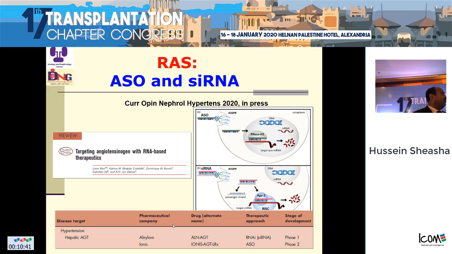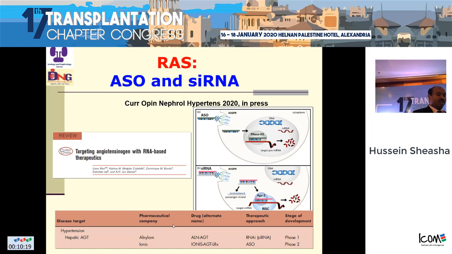Nowadays, there is phase 1 and phase 2 using RNA interference, either by double-stranded RNA technology or antisense oligonucleotides. Both of them can be used to silence, to edit the translation, and to stop angiotensinogen in the liver.